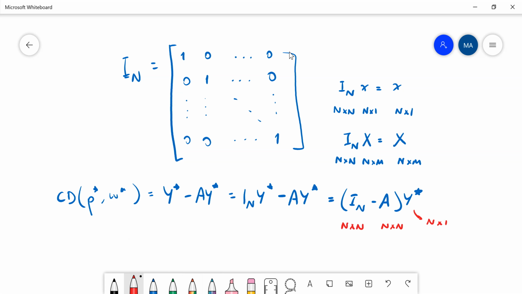All right, so I have now In minus A times y star equals CD P star omega star. And what I want to do here is to find y star as a function of P star and omega star, right? Because then I can eliminate y star from the system, right? That was my purpose. My purpose is to eliminate some of the variables and some of the equations so that I decrease the dimension of my system, right?